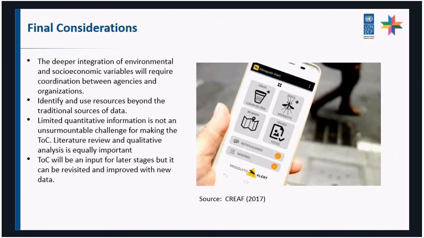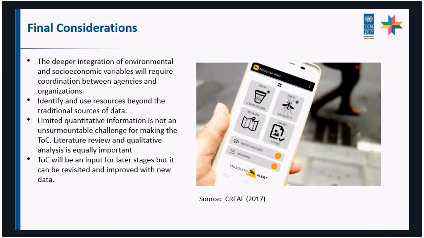So you will have to coordinate between the people in charge of, say, the air pollution data and the agency in charge of the survey, so they can have an actual match and have those data sets integrated.